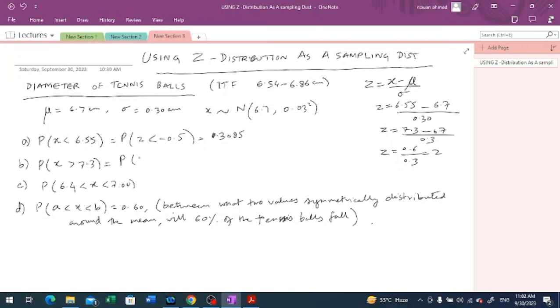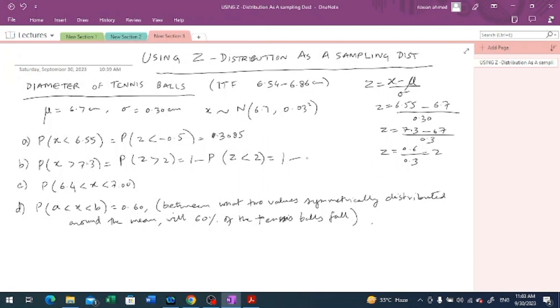So we need the probability that z is greater than 2. You can refer to the previous lecture where we have seen that when a greater than sign is given with the z value, the probability of z greater than 2 can be estimated as 1 minus the probability of z less than 2.